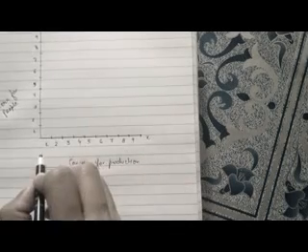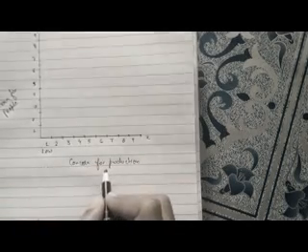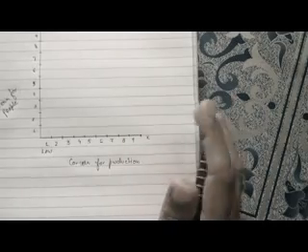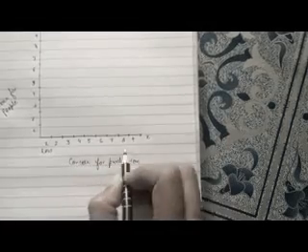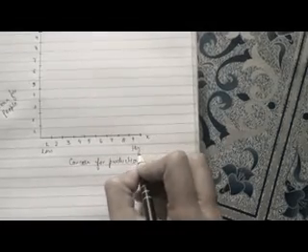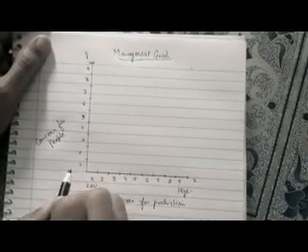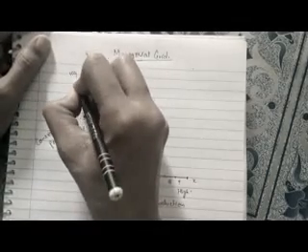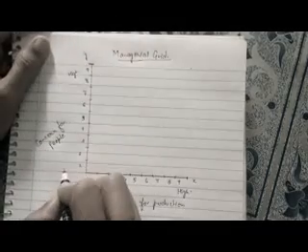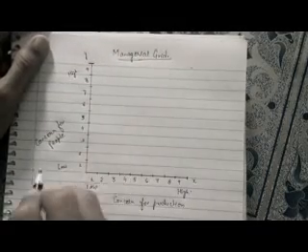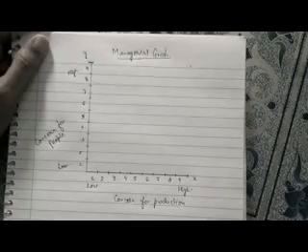So we know that the left hand side of the x-axis shows low concern towards production, and as we move from left to right, the concern for production increases. So this is the high concern for production. In the same way, on the y-axis, as we go from bottom to top, there is a high concern for people, and here is low concern for people.